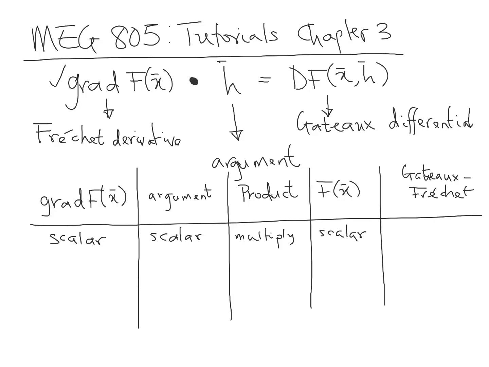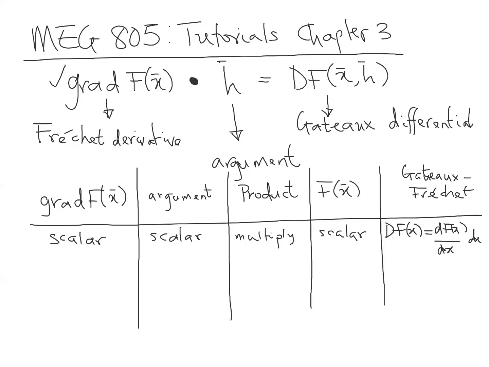Using the expression on the board, it means that df(x) is equal to df/dx times the argument. You will see that I did not put any dot or anything. It's a normal multiplication because what we have there is a scalar.